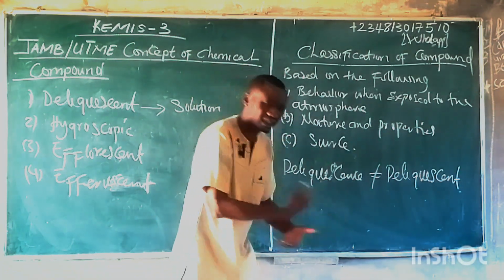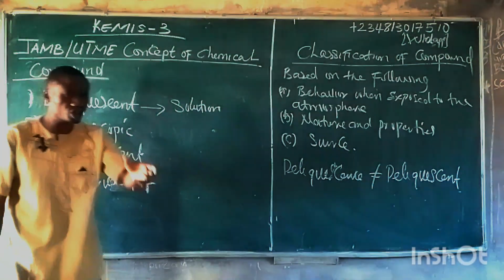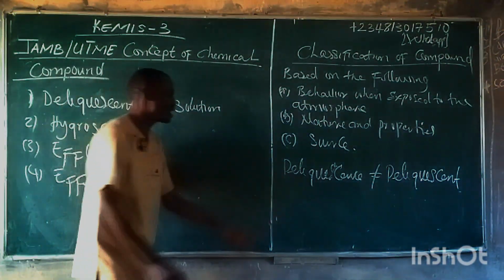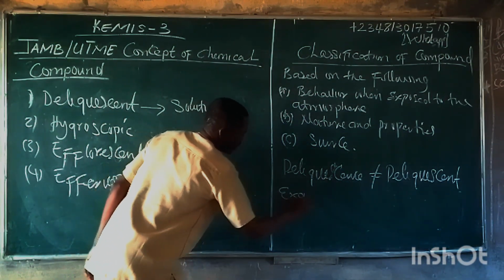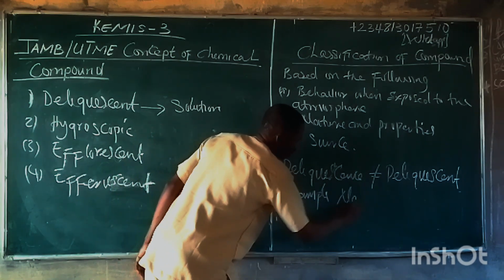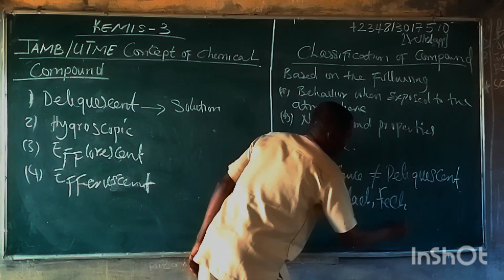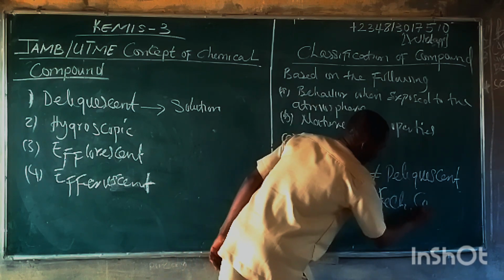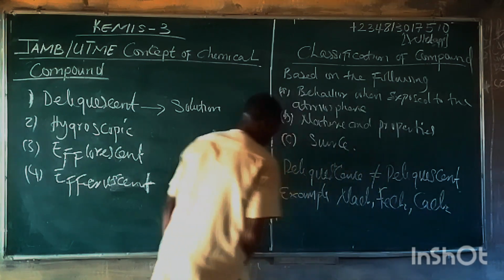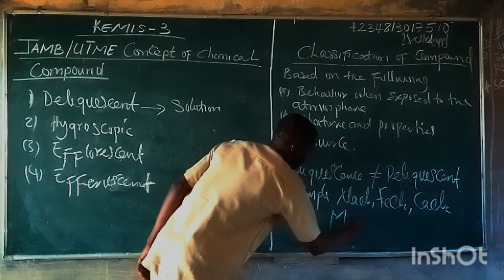Deliquescence is the process of this compound forming a solution when exposed to the atmosphere. Then the examples are sodium chloride, iron chloride, calcium chloride, magnesium chloride.